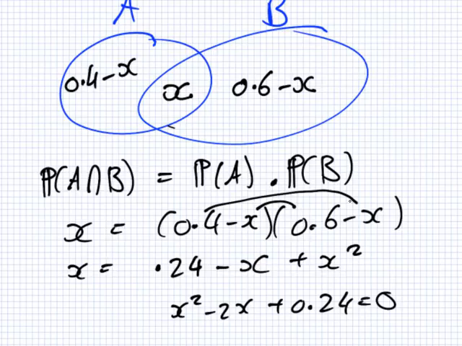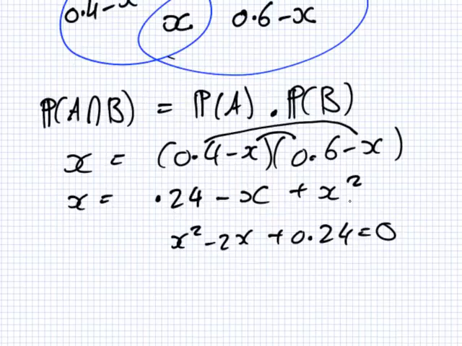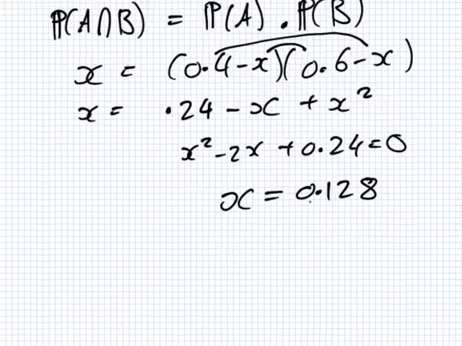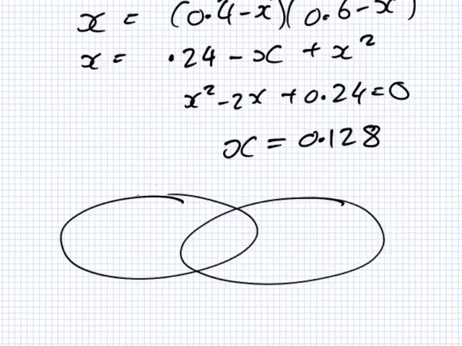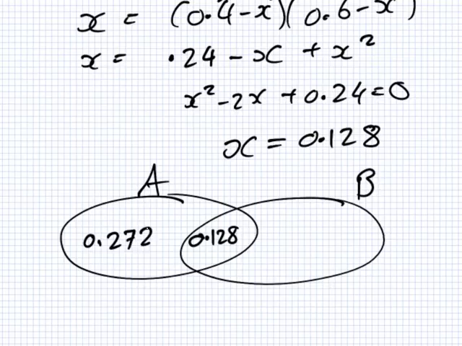Let's solve this. I get two answers, but I only use the answer that's between 0 and 1. So the answer for this quadratic is x equals 0.128. So now when I draw the Venn diagrams again, that's A, that's B, that's 0.128. 0.272 and 0.6 minus 0.128, 0.472. Yeah?